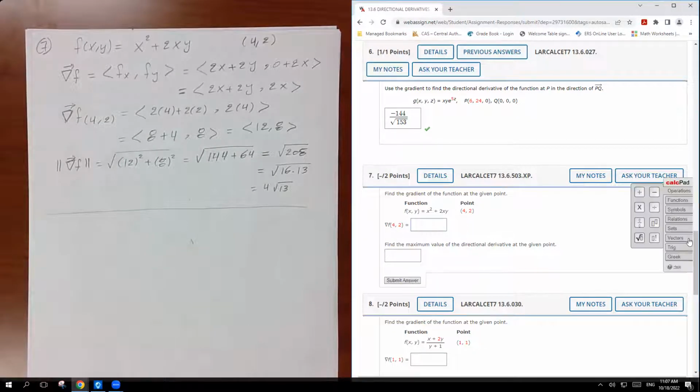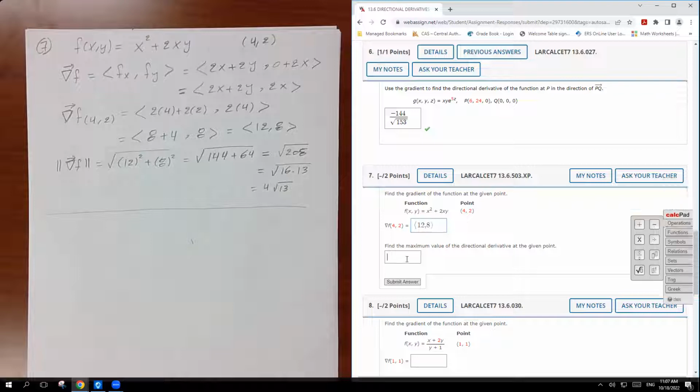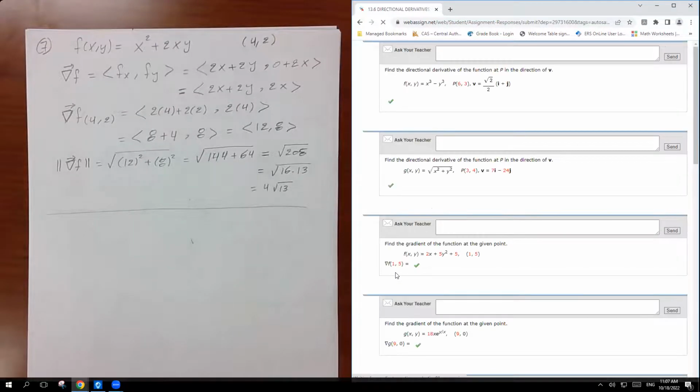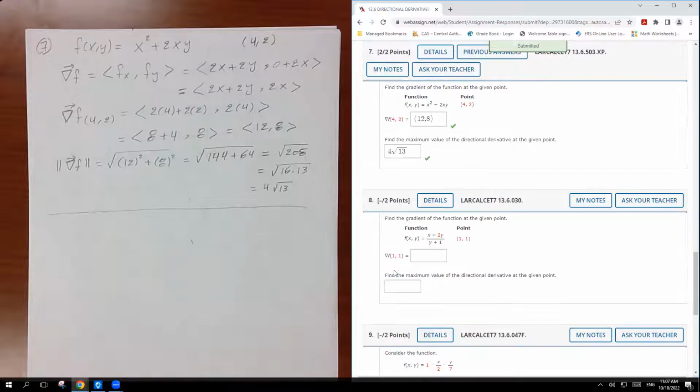So here is going to be the vector 12, 8. And here is going to be 4 square root of 13. Here we go.